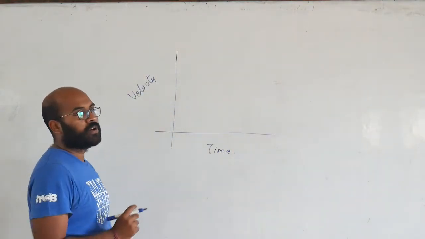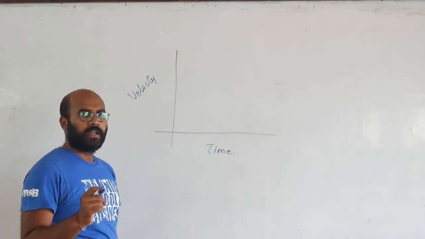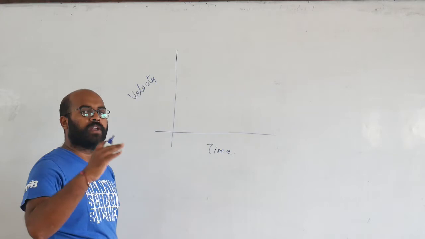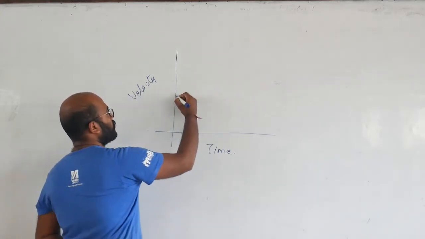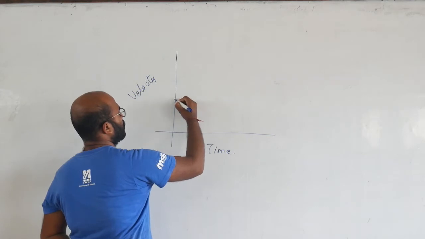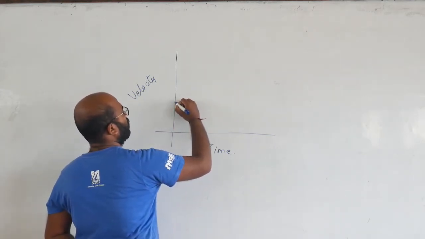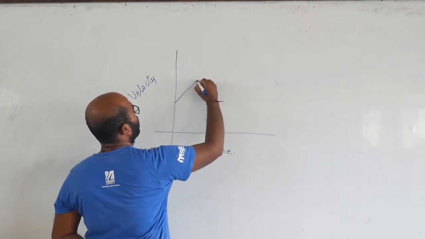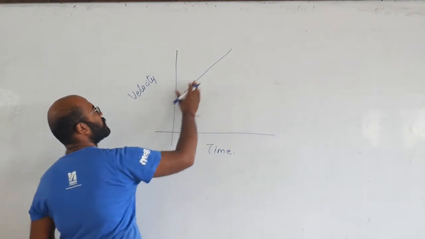Suppose an object is traveling with some initial velocity and its velocity keeps on increasing for every interval of time. So this is a straight line.